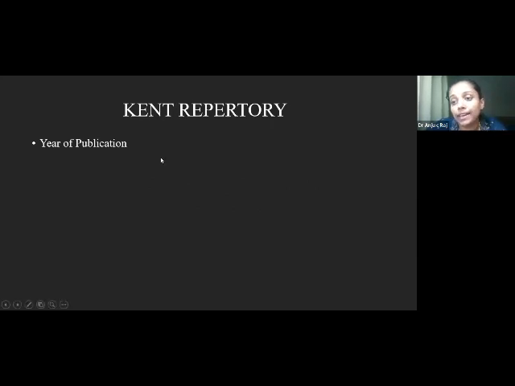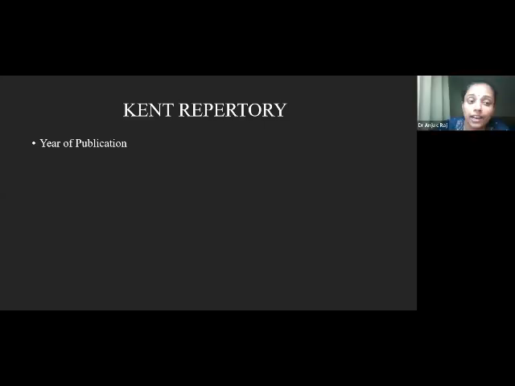Next, we go into the Kent's Repertory's year of publication. The first edition is in which year? 1897. Yes, correct. You have to learn by heart certain years and numbers for the exam.